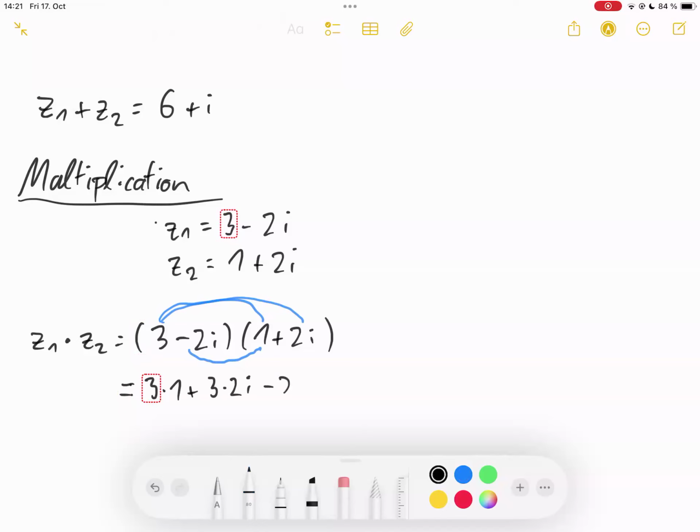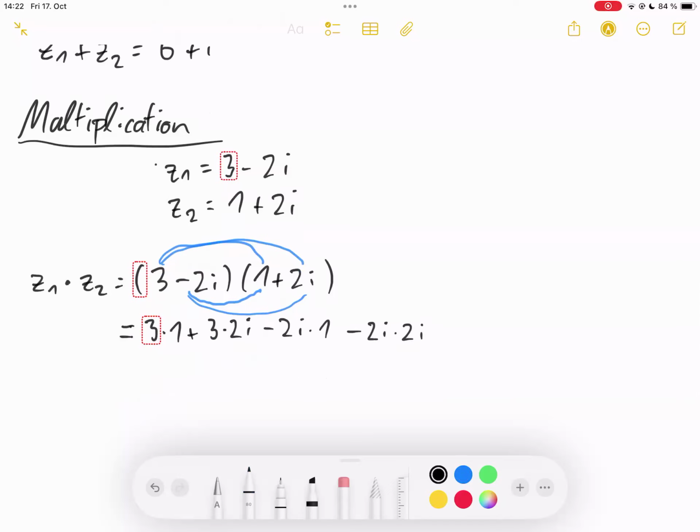And the last one is the minus 2i times 2i.